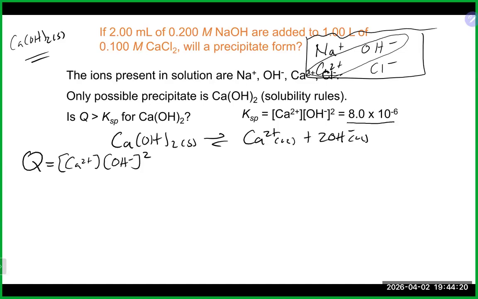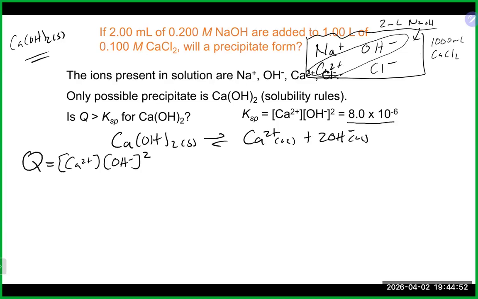Now, we need to think about what we're doing: we are taking 2 milliliters of our sodium hydroxide and dumping it in with 1 liter, which I'm going to convert into 1,000 milliliters, of our calcium chloride. We are mixing everybody together, which means we are actually doing a dilution, and we need to get the proper concentration of these ions when they're all mixed together.